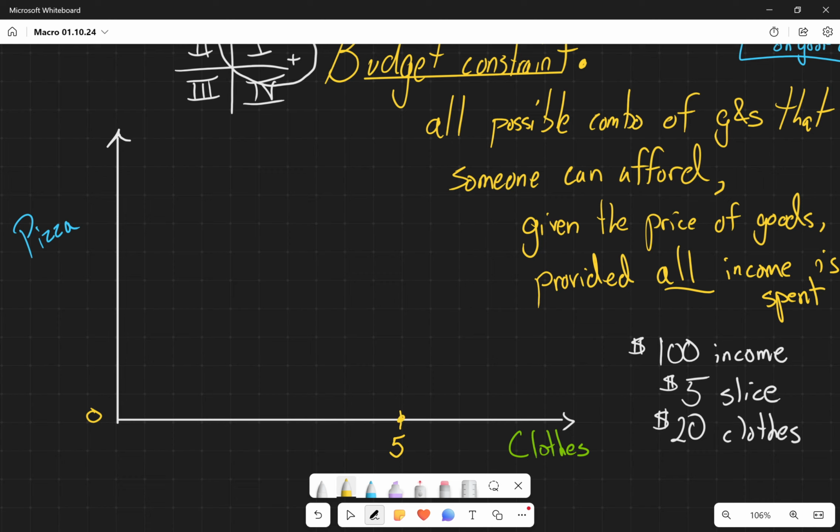So now what if I only bought 4 articles of clothing? Well, that would leave $20 free for me to buy 4 slices of pizza. Let's do it this way. And then, if we continue this, right? If I only get 3 articles of clothing, 3 times 20 is 60. I have $40 left. That means that I'm going to be able to get 8 slices of pizza now.